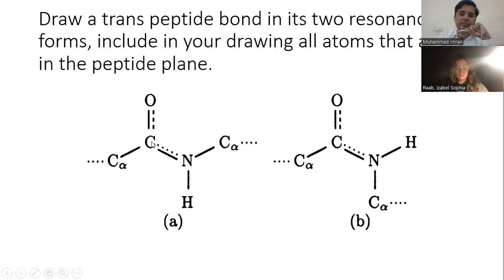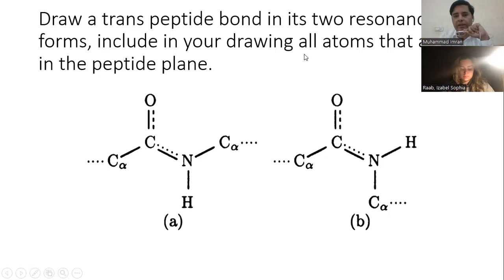So you can write C double bond O and C double bond N. If you have a double bond here, you cannot write a double bond here. It either has a double bond at CO or CN, not both, because of the resonating structure of that peptide bond.